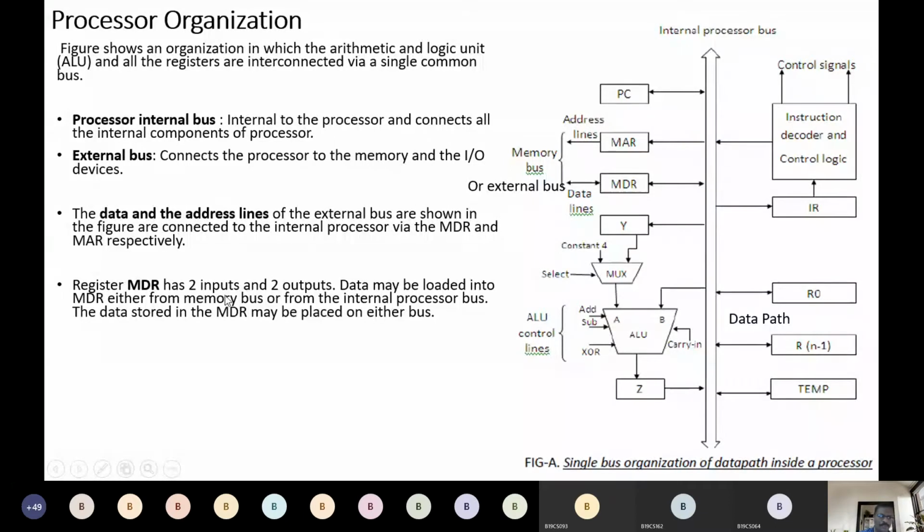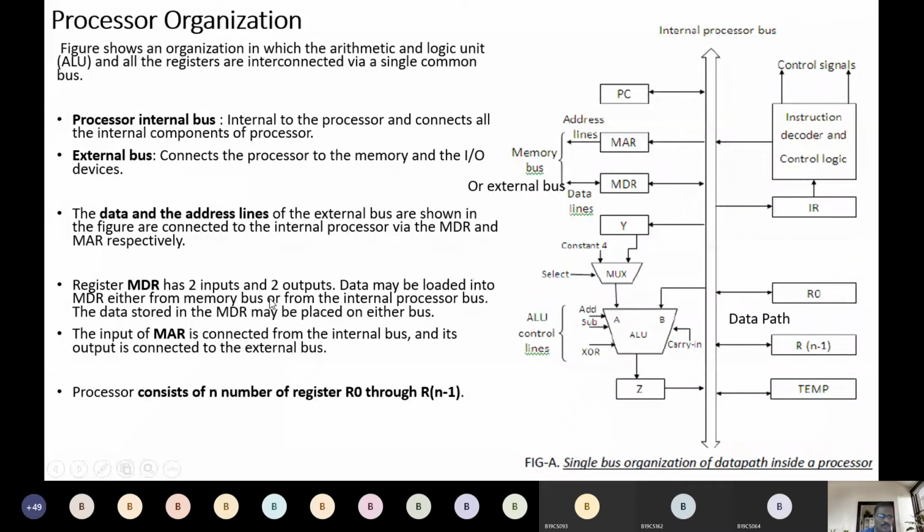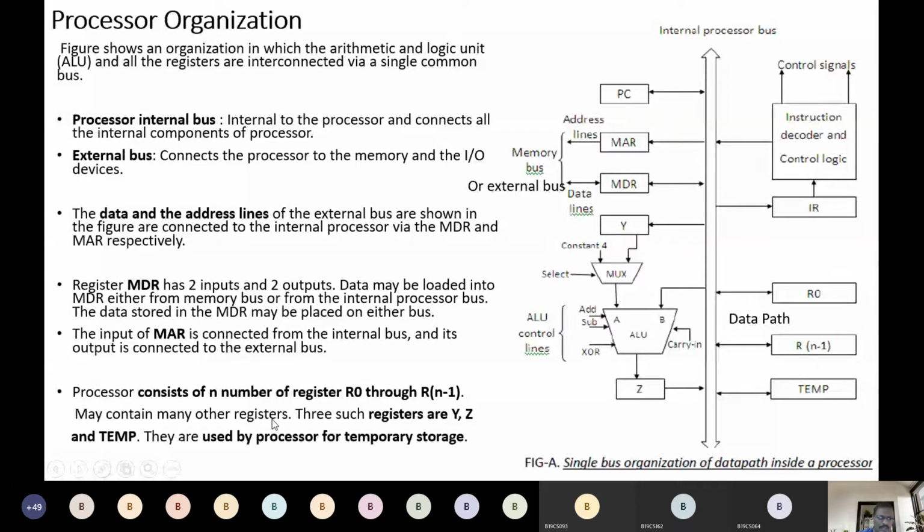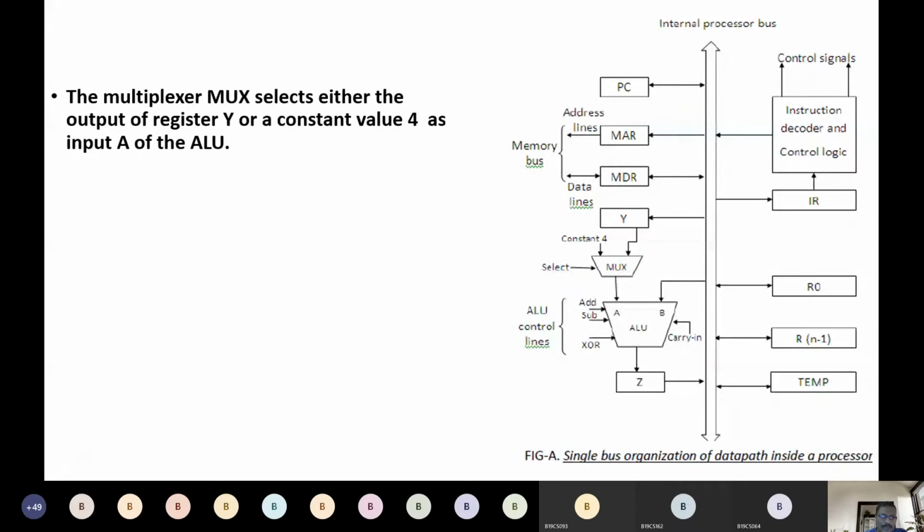We have already seen MDR has 2 inputs and 2 outputs. The processor consists of n number of registers, R0 through Rn-1. And also we have 3 other registers, Y, Z and Temp. These are used by the processor for temporary storage during calculations, maybe arithmetic or other calculations.